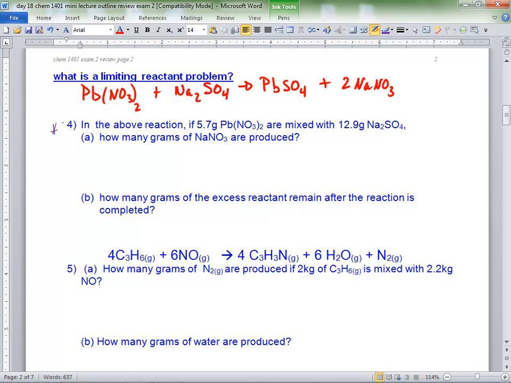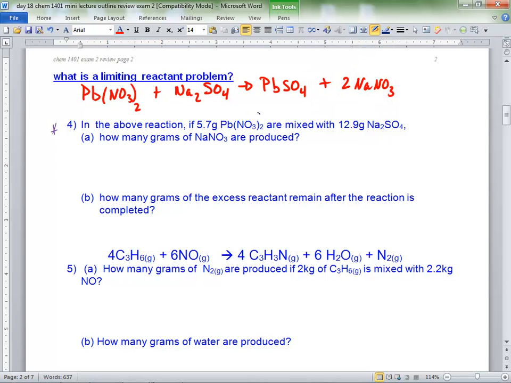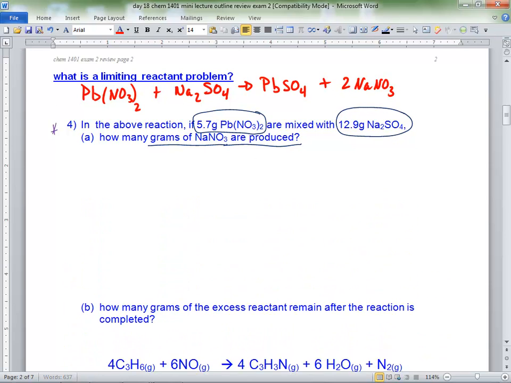In the above reaction, 5.7 grams of lead-2 nitrate is mixed with 12.9 grams of sodium sulfate. How many grams of sodium nitrate are produced? Okay, where do you start?